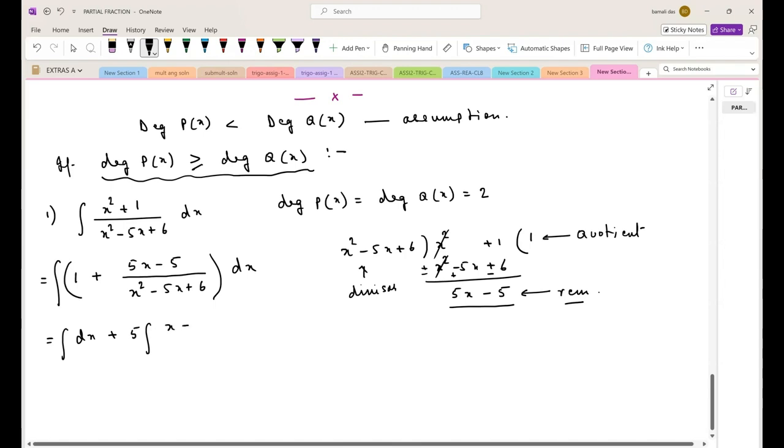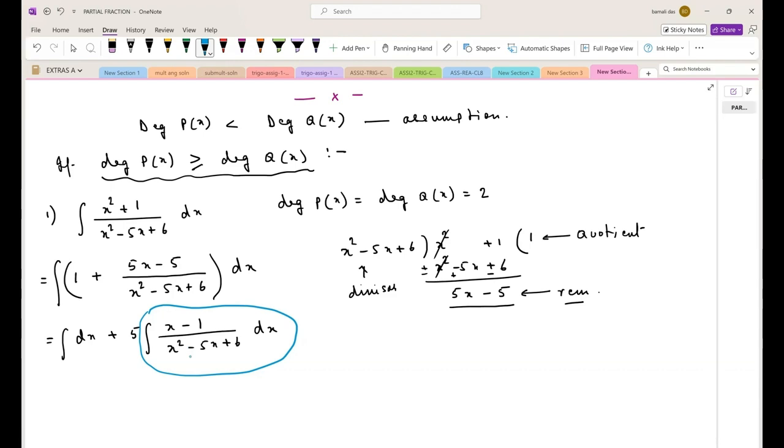So 5 times (x minus 1) by (x square minus 5x plus 6) dx. Now this portion satisfies the required condition for partial fraction. That is, degree of the numerator is 1, degree of denominator is 2. Now you can proceed with one of the processes of partial fraction because it satisfies the condition.